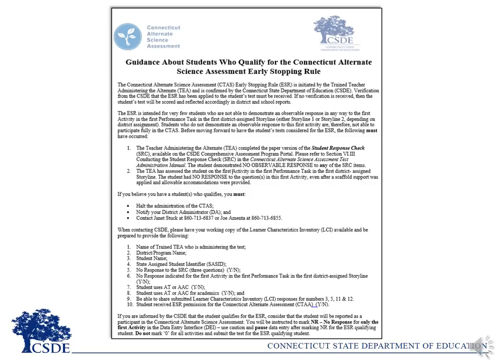For students who have been given permission by the CSDE to be considered for the early stopping rule specific to the Connecticut Alternate Science Assessment, a teacher will be expected to complete scoring the first activity in the district assigned form. For districts assigned to Form 1, this would be Storyline 1. For Form 2, this would be Storyline 2.